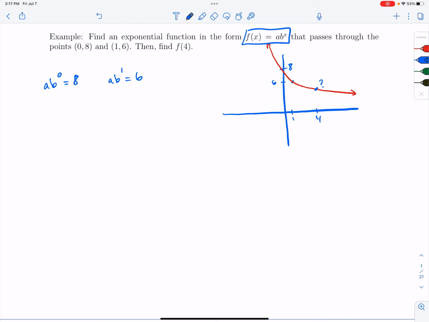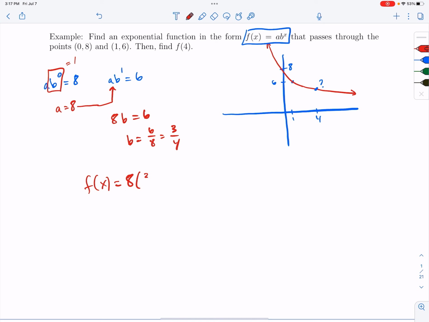Anything to the 0 power is equal to 1, so a is going to equal 8. I'm going to substitute this 8 in for a right here. So 8 times b to the first, which is just b, is equal to 6. So b is equal to 6/8 or 3/4. So we've solved for a and b, and my function is f of x equals 8 times 3/4 raised to the x power.